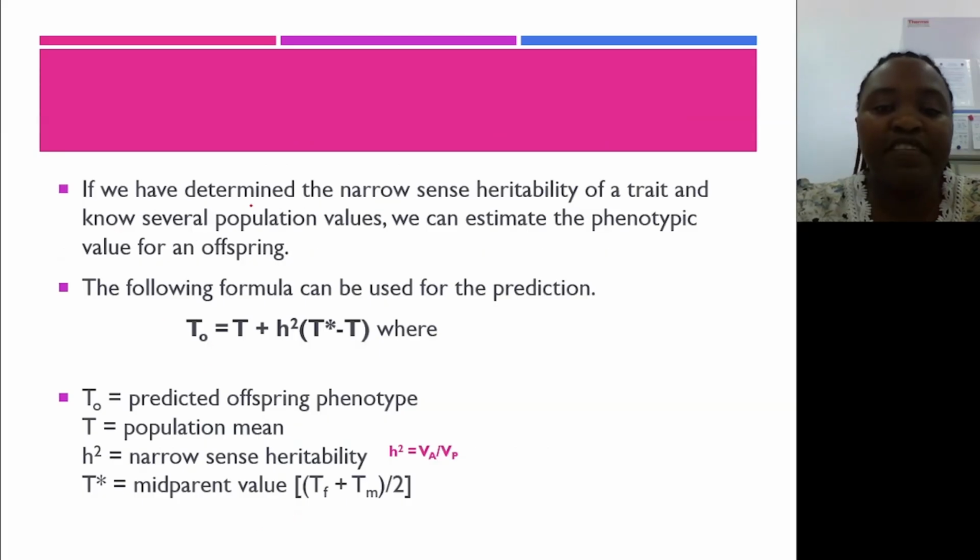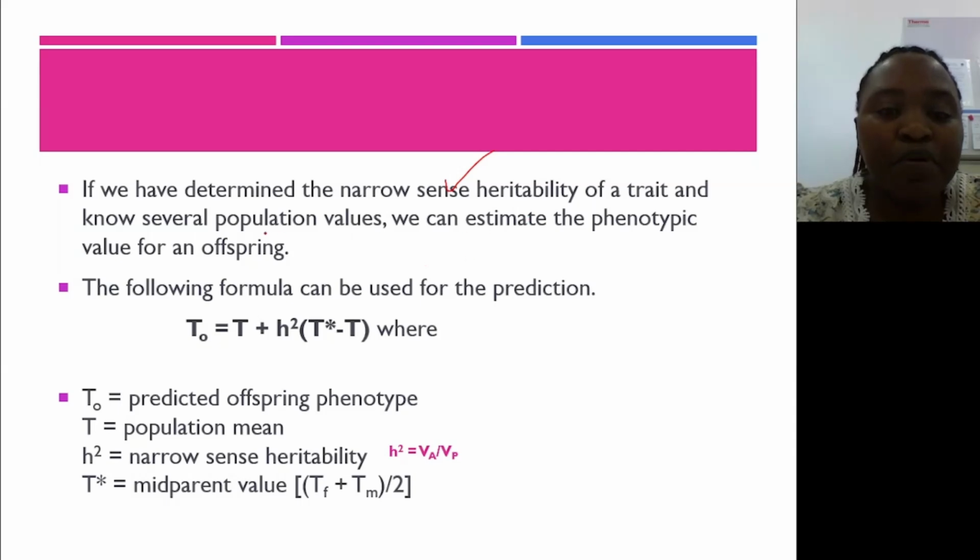So if we have determined the narrow sense heritability of a trait, and we know some values within the population, then we can estimate the phenotypic value of an offspring. The formula that can be used for this prediction uses the narrow sense heritability, which is a result of the additive genetic factors.